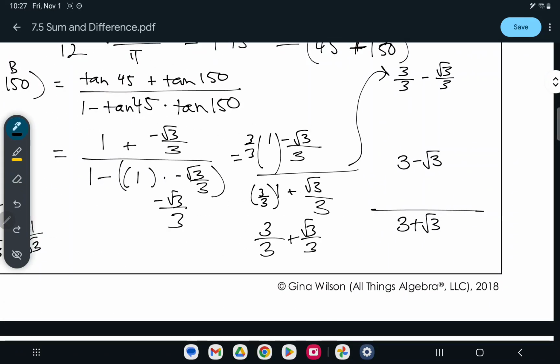And now we have a radical in the bottom, so we have to rationalize the denominator, okay? This time, I can't just multiply it by root 3 like I'd done before. I have to multiply it by a whole phrase: 3 minus root 3.